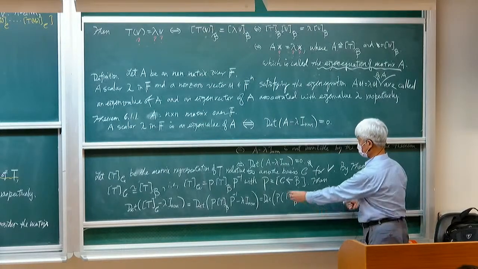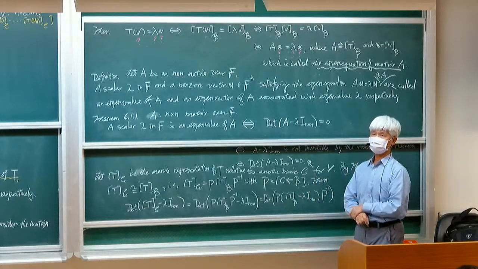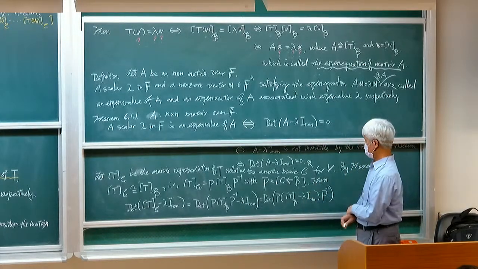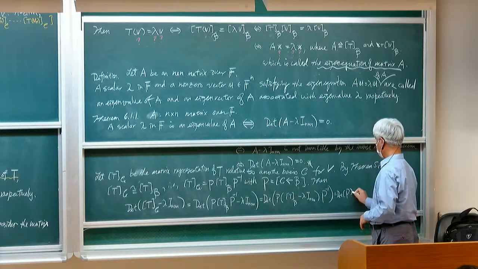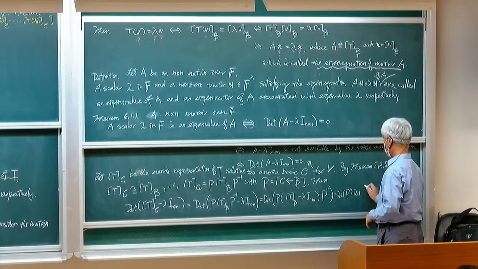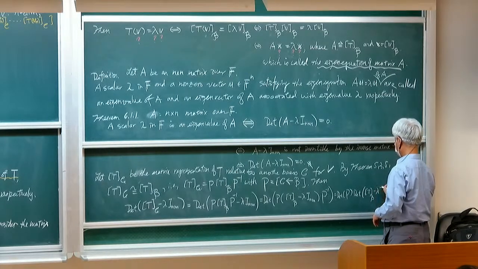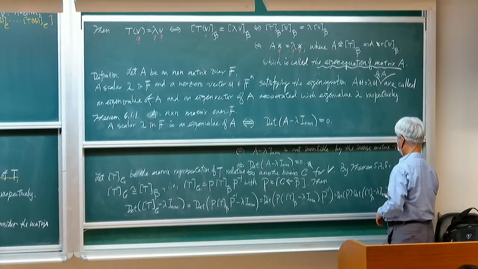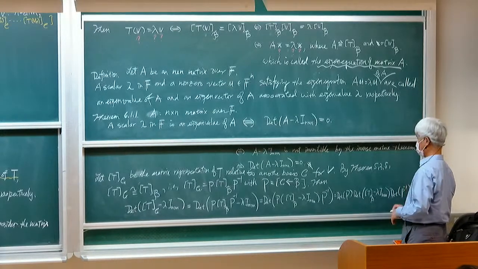Why? Because if we multiply P here and P inverse here, we get the identity again. So we have the determinant of P and the determinant of P inverse.